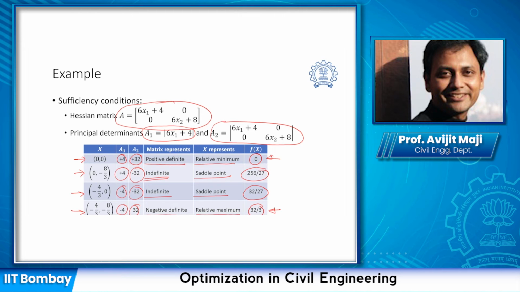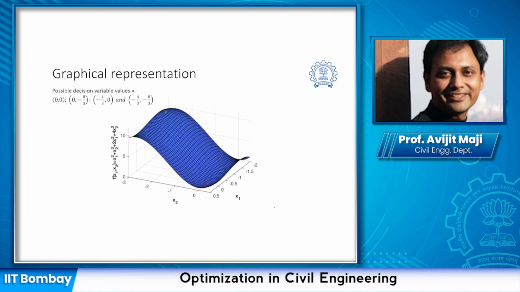So let's look into the graphical representation of the points. We had the 4 possible variable values. If we plot the function and see where they lie, the maximum point lies here, the minimum point lies here. The saddle points are somewhere here, and the other saddle point is here.